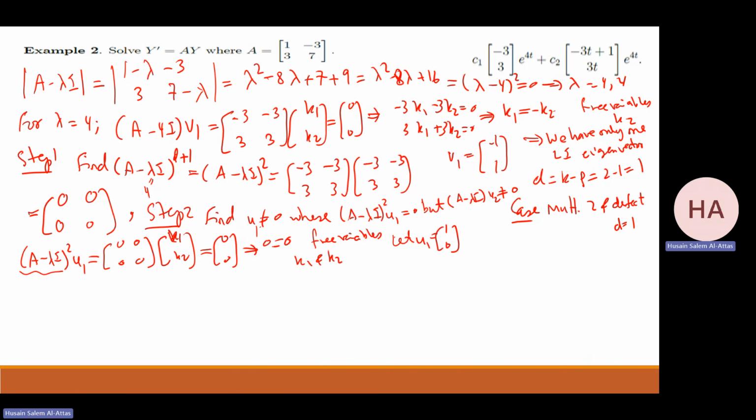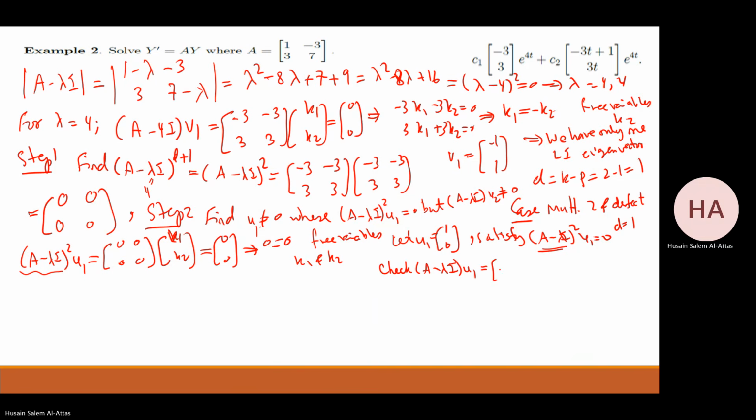Easy ones. You need to be sure before you proceed. For sure, it will satisfy the first condition, since actually any vector can satisfy this because this is 0, 0. I need to check also A minus lambda I times U1.